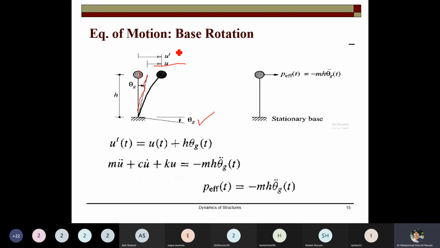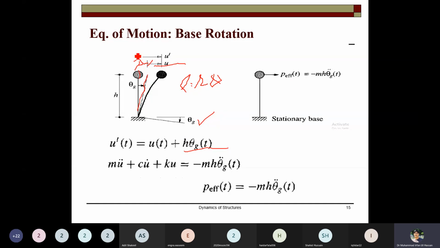You can compute by the formula L equals R theta, because theta of the earthquake is in radians. So if H is the height of the building, the first part of the displacement is equal to H theta g. Because these are very small values, you can assume the angle is in radians, L equals R theta, and the formula can be used.